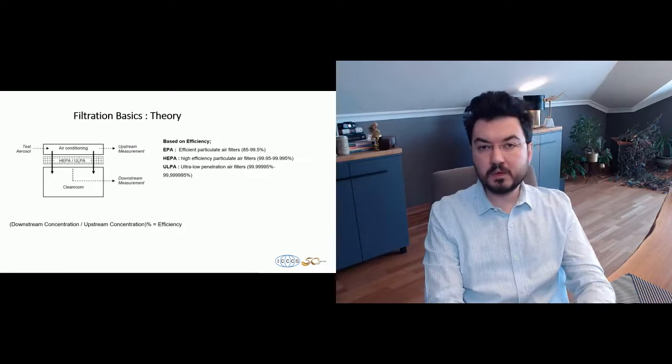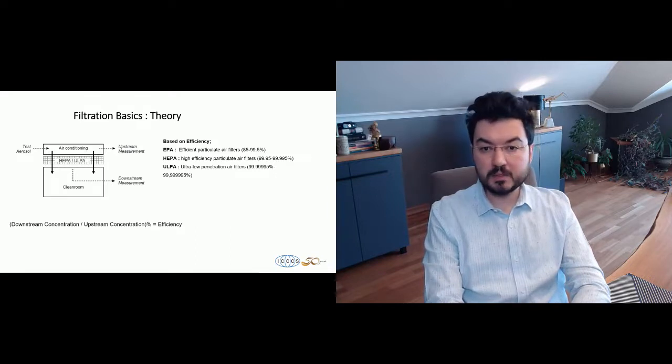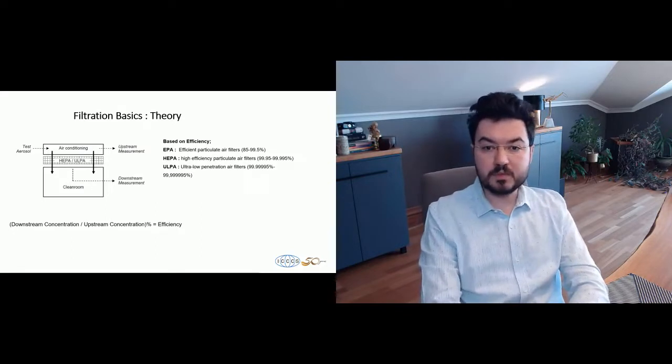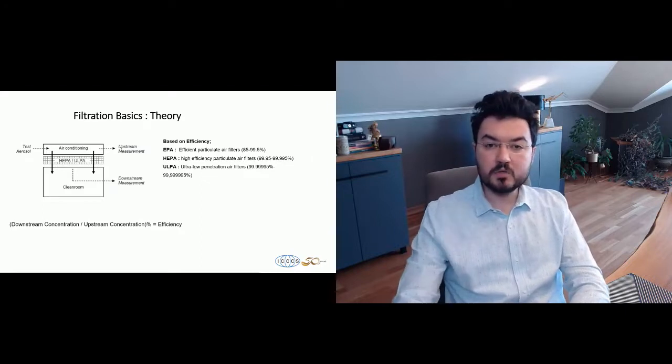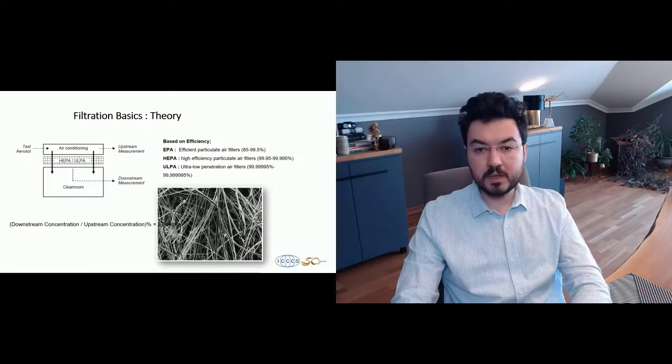Based on the regulations, there are EPA, which is efficient particulate air filters, HEPA, which is high efficiency particulate air filters, or ULPA filters, which is ultra low penetration air, which has a lot of nines after the first digit and allows you to keep as many particles as possible away from your clean room environment.